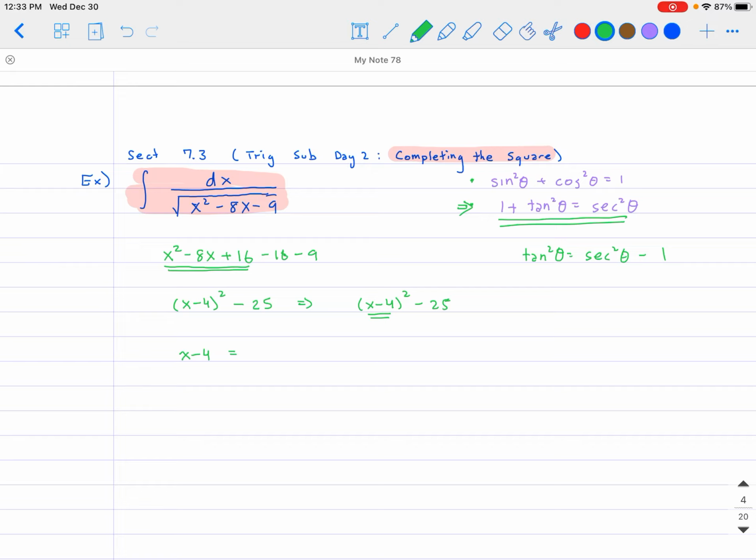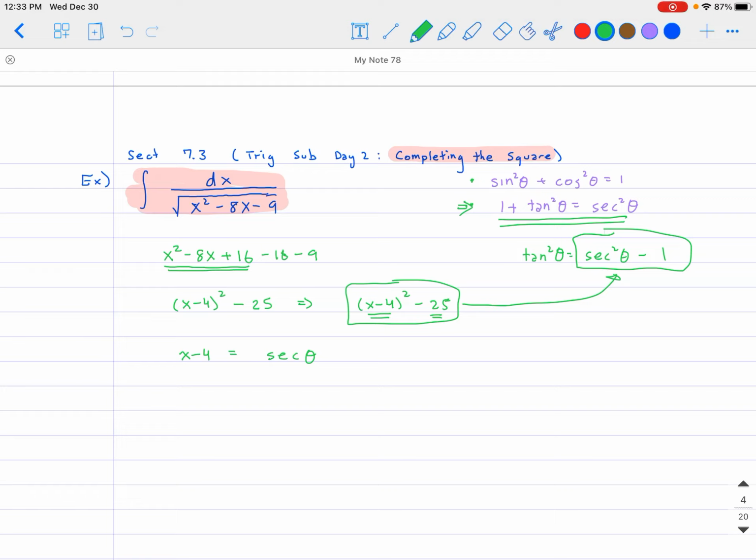Now you can see what my substitution is going to be, because I want this to look like that. So x minus 4 is going to be equal to secant of theta. But remember, we also have the 25 here, which could be a problem.